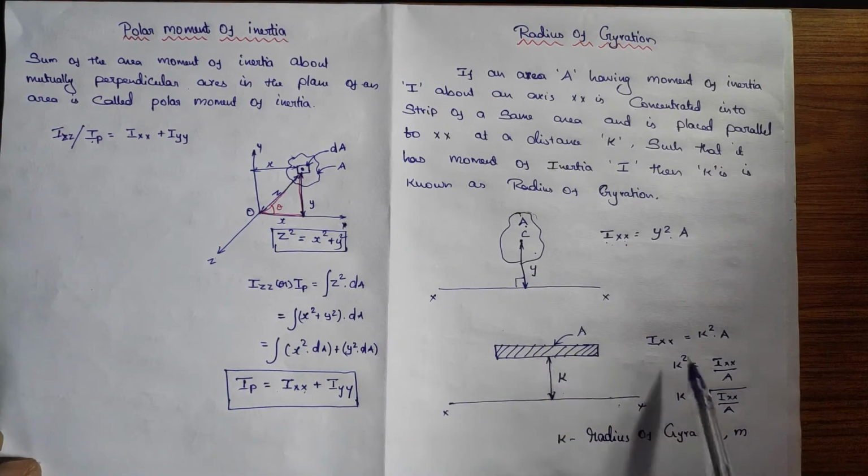For that we took the moment of inertia, so at that time that k will be the radius of gyration. I hope you understood.